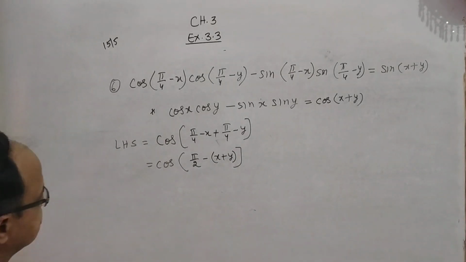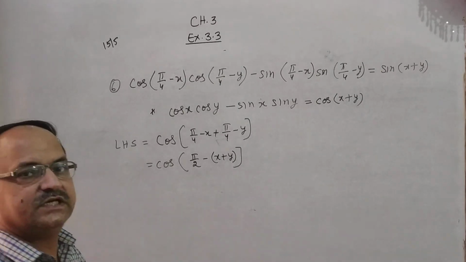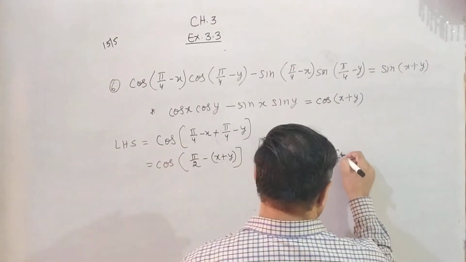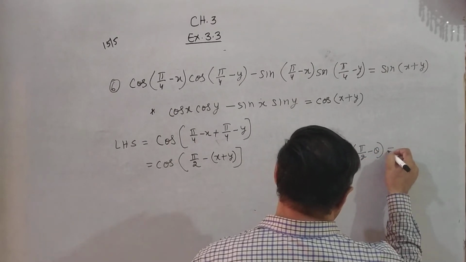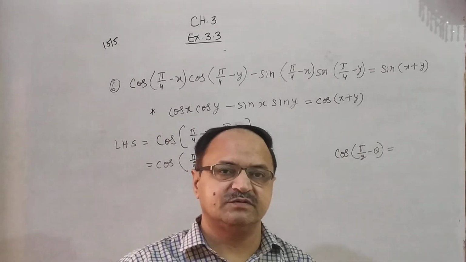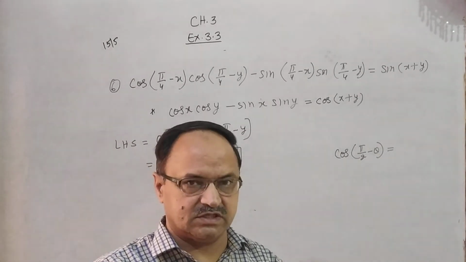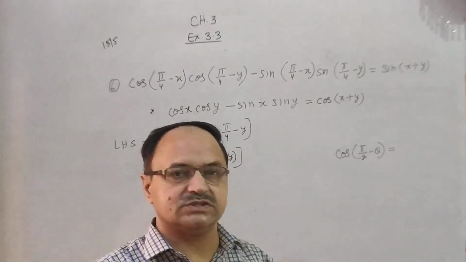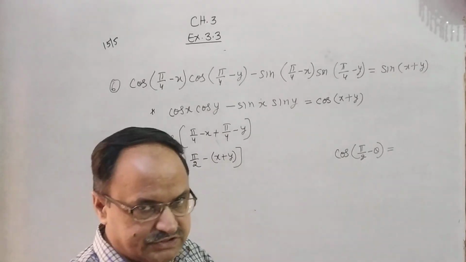Correct? Now this is the formula: cos(pi by 2 minus theta). Pi by 2 means 90 minus theta. So 90 minus theta lies in the first quadrant, and in the first quadrant all t ratios are positive. It is the case of 90, so the t ratio will be changed.